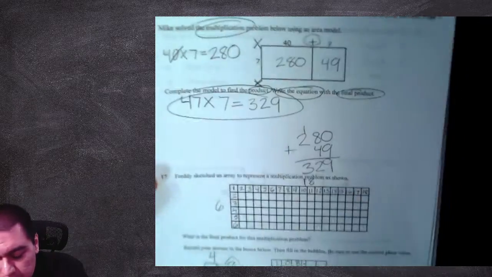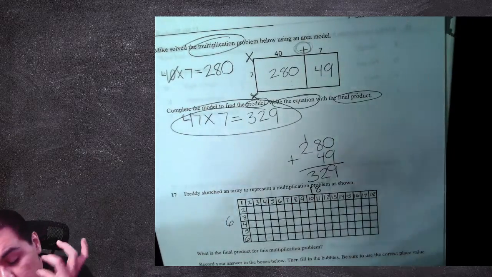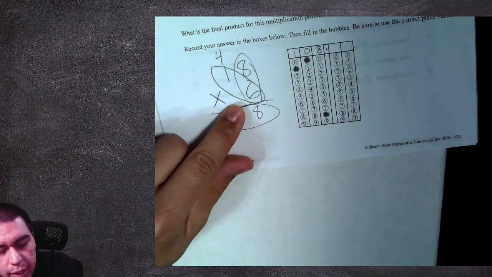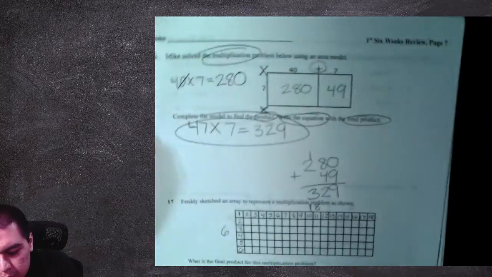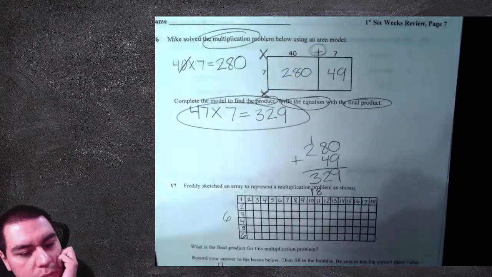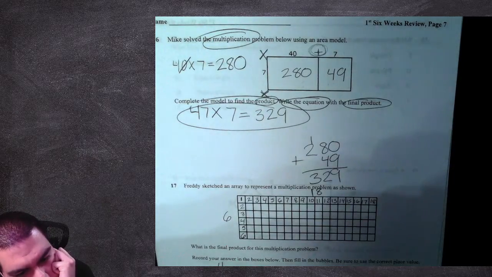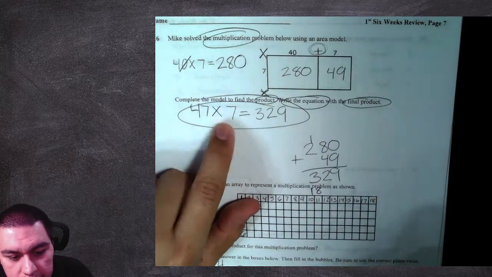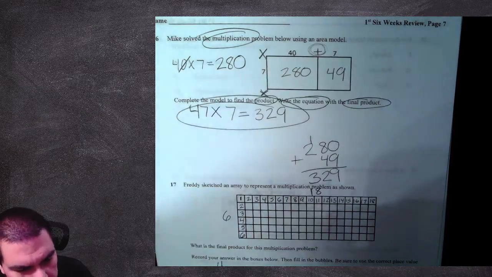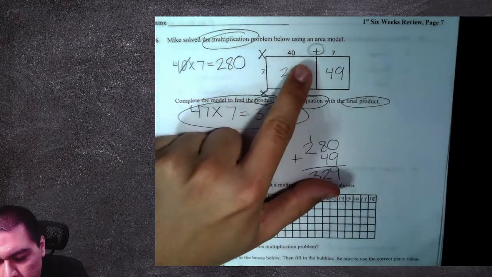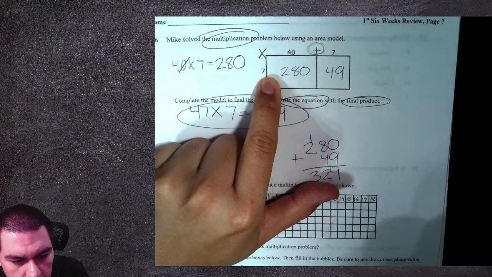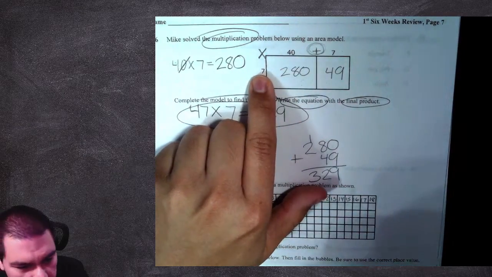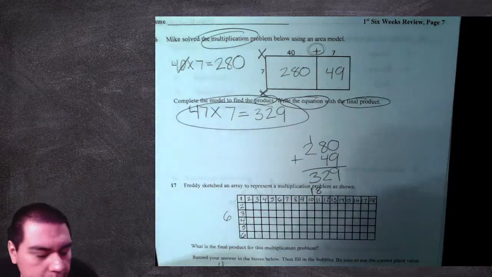Problem 16 is just multiplication too. The only thing they did there is instead of doing the multiplication like we did down here, they split it into two parts. That's it. So instead of doing 47 times 7 all in one piece, they did 40 times 7. They did 7 times 7. And then they added it together.